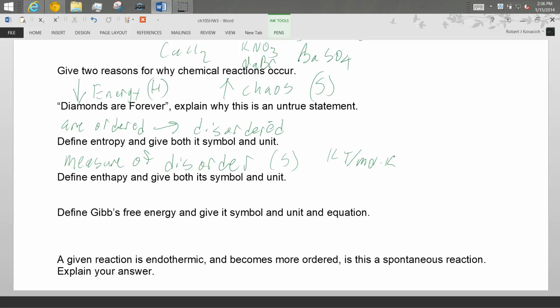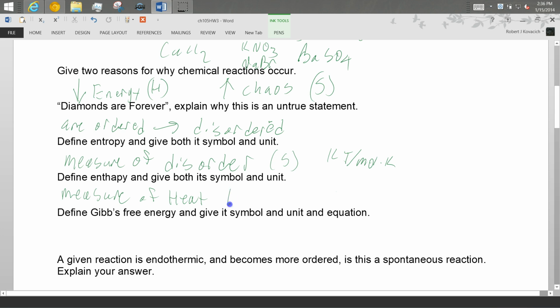And the enthalpy, what's that measure? Heat. Okay. And its symbol is an H, and its units are kilojoules per mole. Okay. And free energy?